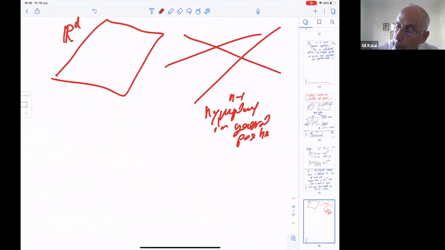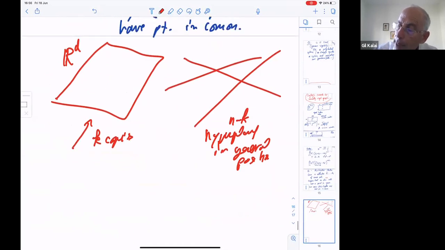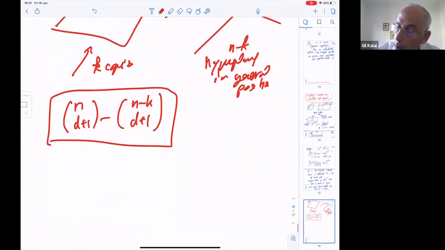For example, if you put k copies of R^d and the n-k hyperplanes in general position, then in order to have non-empty intersection, you have to make sure that you don't take all the d plus 1 sets among the hyperplanes. So altogether, the number of d plus 1 tuples that have non-empty intersection is n choose d plus 1 minus n minus k choose d plus 1.